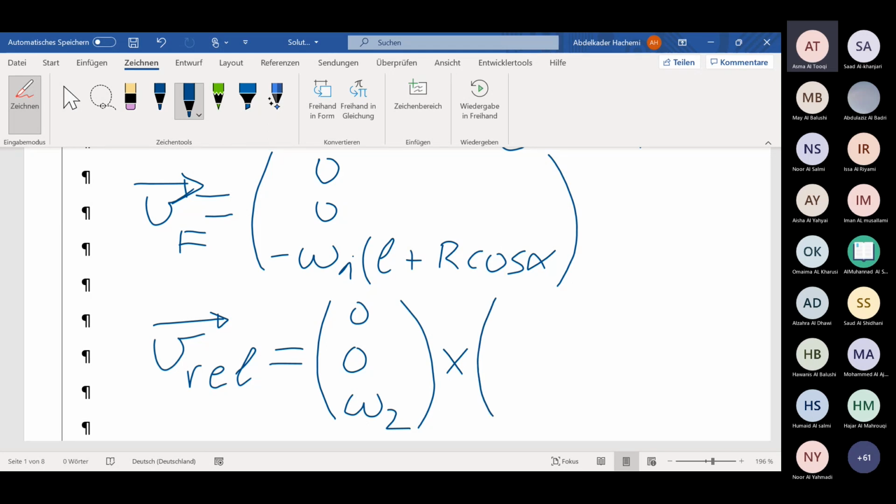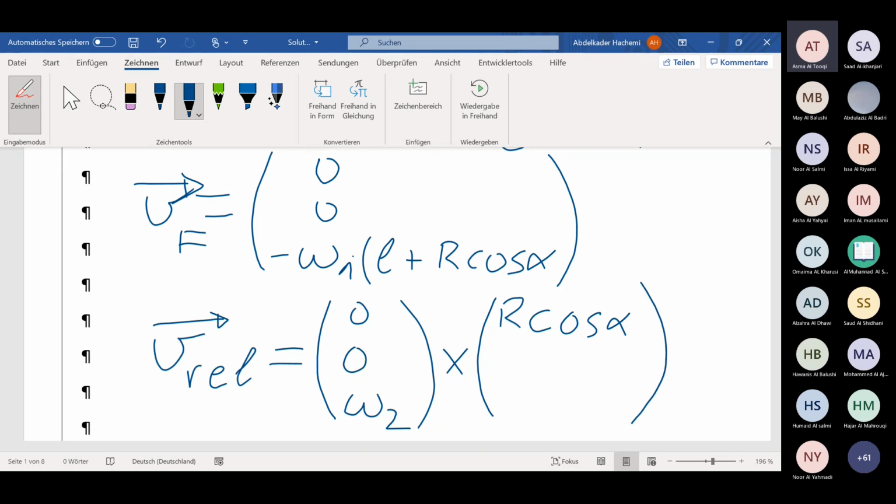This belongs to the relative coordinate system x prime, y prime, and z prime. What we have here is only the projection of R along x prime, y prime, and z prime. Then we have R cosine alpha.